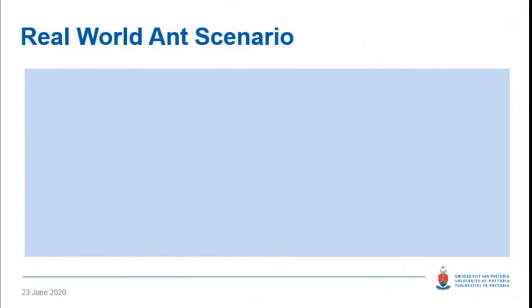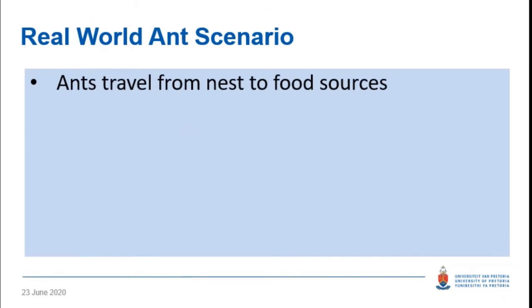Where does this whole idea come from? So if we look at what ants do, how do they function on a day-to-day basis? So the whole idea is the ants live in a nest. They travel from the nest to actually get food sources, and they go back to the nest, and that's their basic existence. So the whole process of going to get food and come back is actually planned quite well.